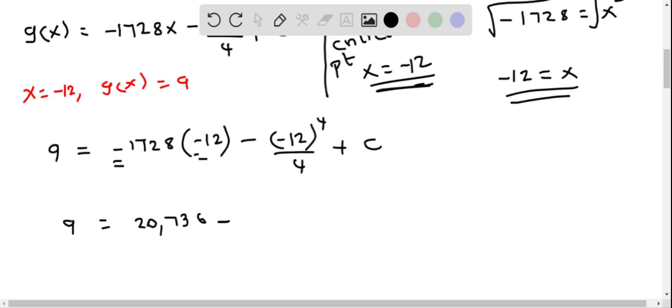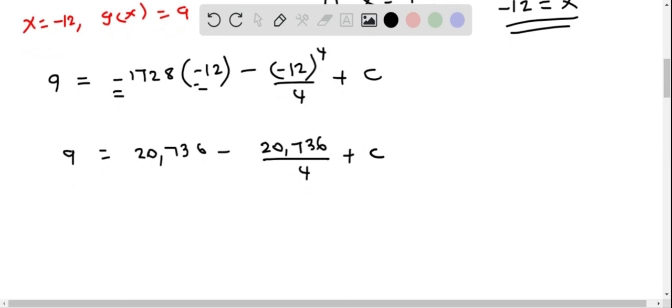This will be a positive number because we are raising it to an even power. 12 power 4 is 20,736, over 4, plus c. We can simplify this and find the value of c, and when we do that we get the value of c as -15,543. So we just got the value of c.